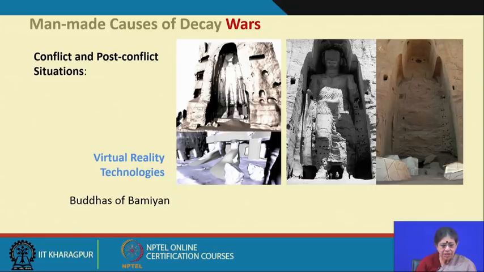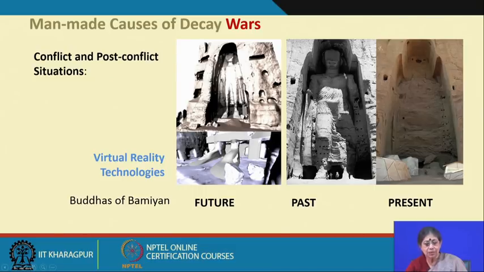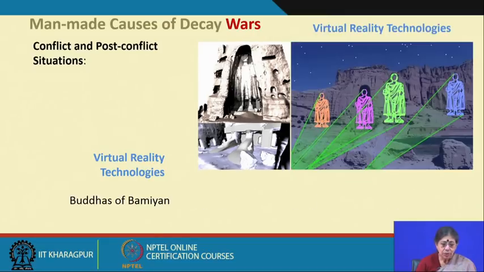This is very interesting. This was the past, what happened, and this is the present, a sort of hollowed structure. And for the future, we are talking about virtual reality technologies and how they can help. These are also acceptable, and people are exploring different ways of doing that.